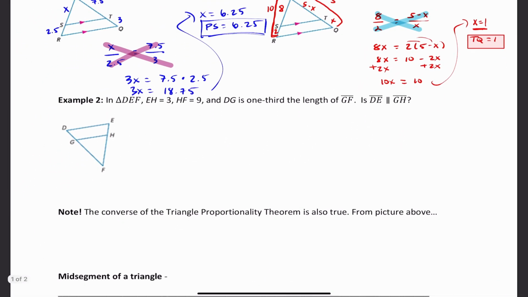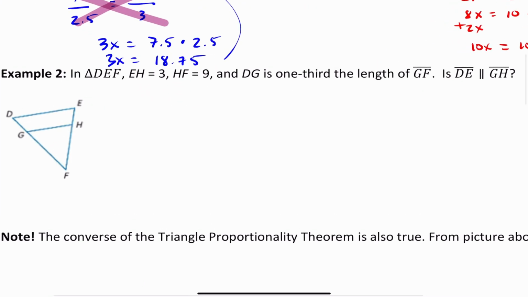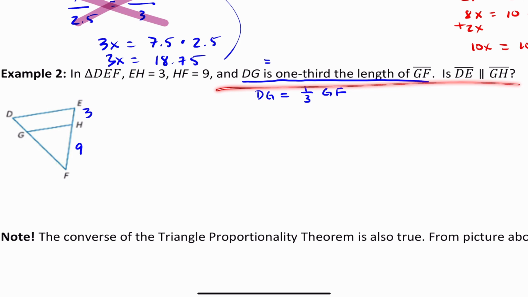Example 2. In triangle DEF, EH is 3, HF is 9. So let's go ahead and write those things down. So EH is 3 and HF is 9. And notice that this says DG is 1/3 of GF. So I don't see a GF anywhere in this problem or in the question. What the heck is GF? Well, if it doesn't state it, then we're just going to call it the unknown.